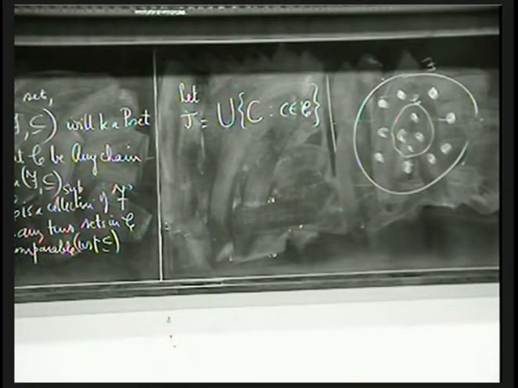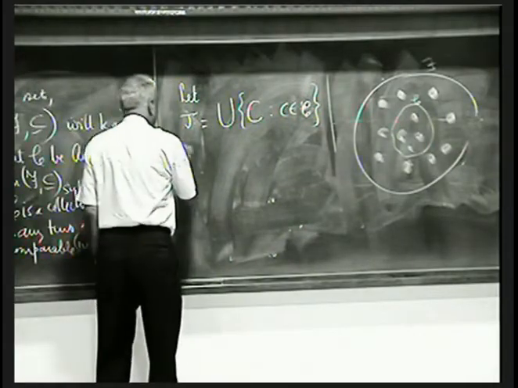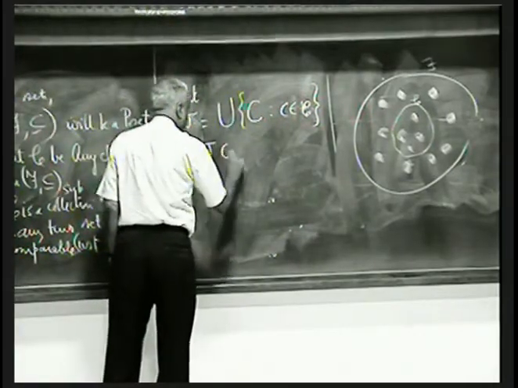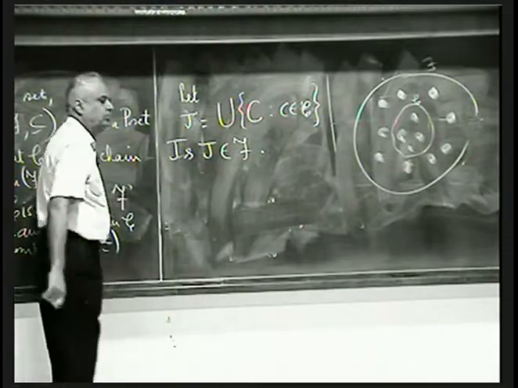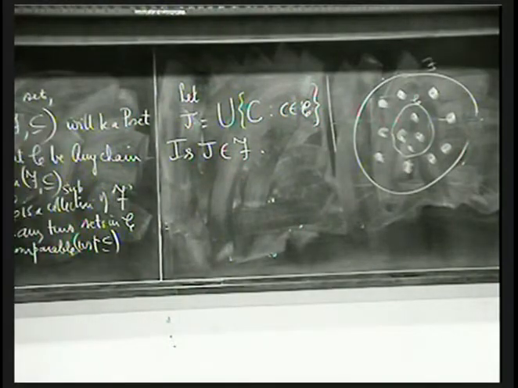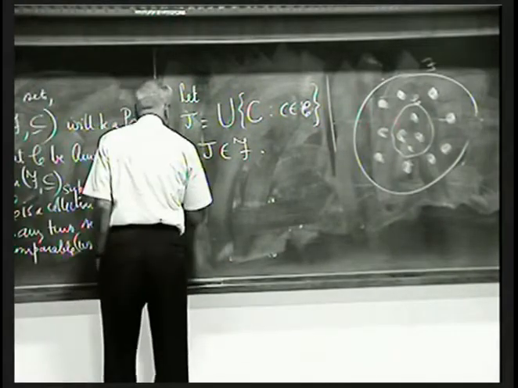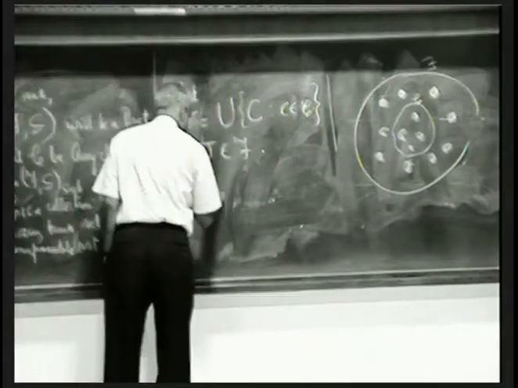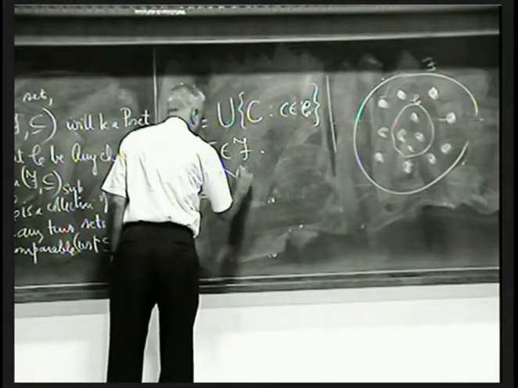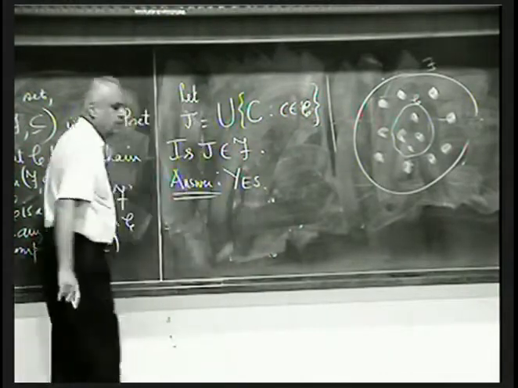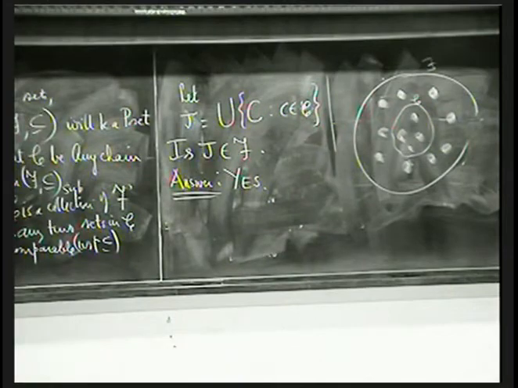Now, is this J in the collection? Is J in the collection? The answer is yes. I will keep them. So what is the property that we are trying to say?